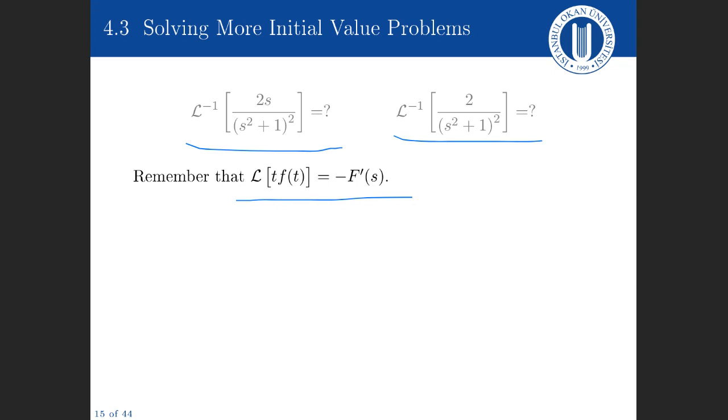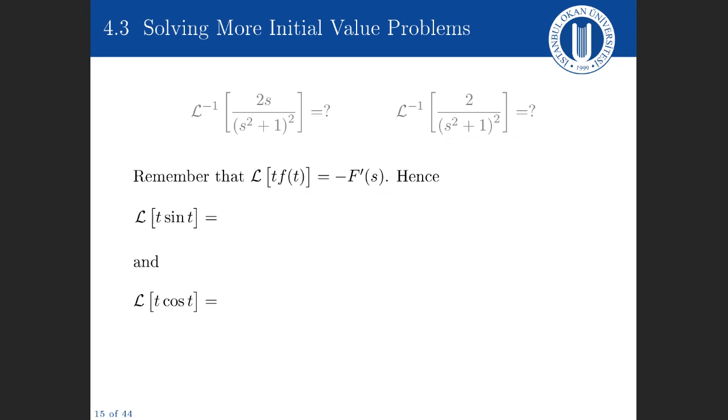So what do these look like? What do these look like they are the derivatives of? Well, they look like they're the derivatives of perhaps 1 over s squared plus 1, or maybe s over s squared plus 1. Something like the derivatives of these.